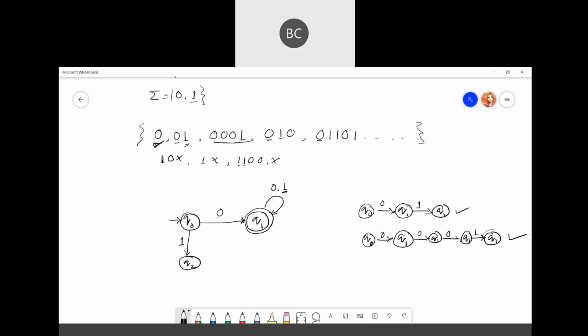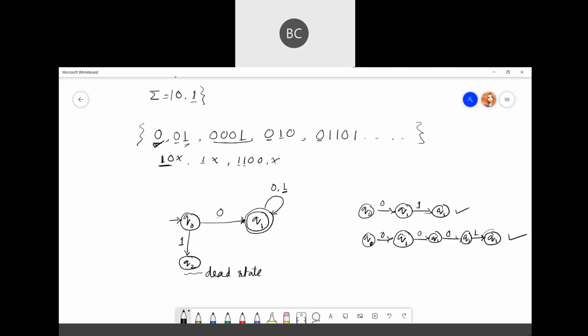This is more like a dead state. You cannot go anywhere from this one. Okay, this is a dead state. So for example, you are trying to accept this one. After reading 1, it is not going anywhere. It is just stuck there. So it is not reaching the final state.